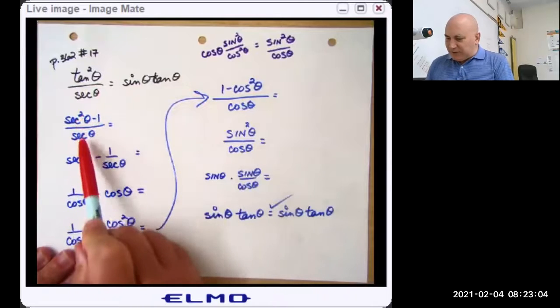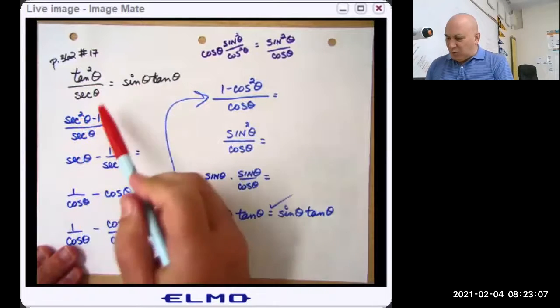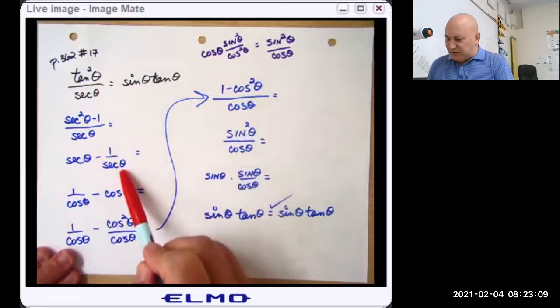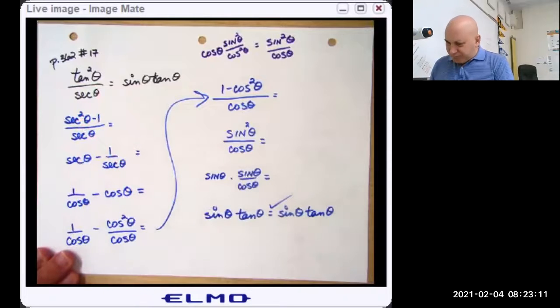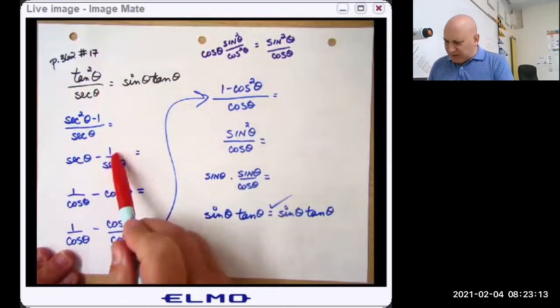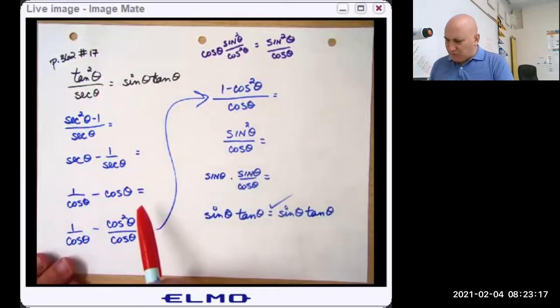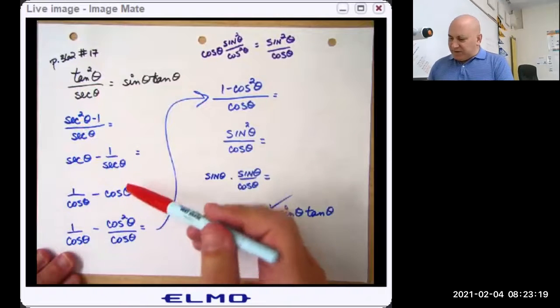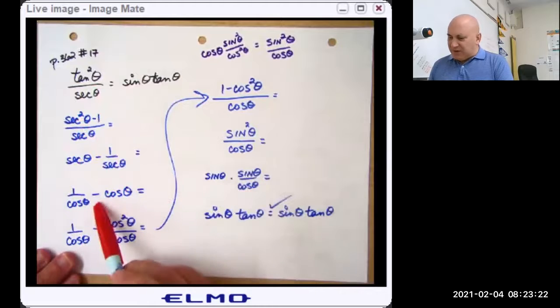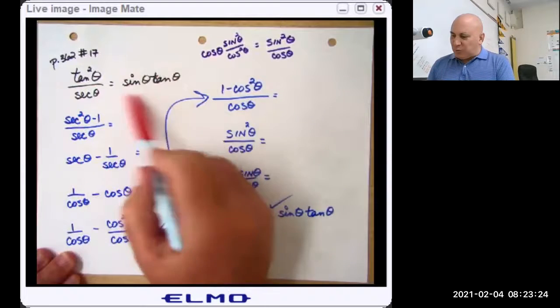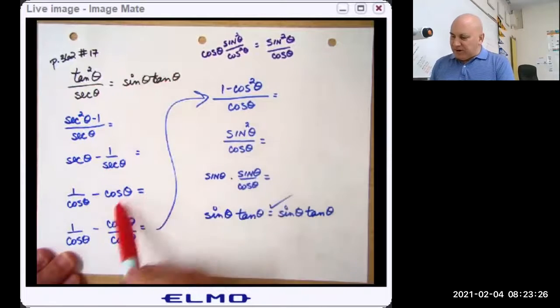All right, secant squared divided by secant is secant. 1 over secant theta is here. That's 1 over cosine. That's cosine theta. Then what I did is I said cosine theta, I could get a common denominator, because I only have one term over here. So I need to combine these.